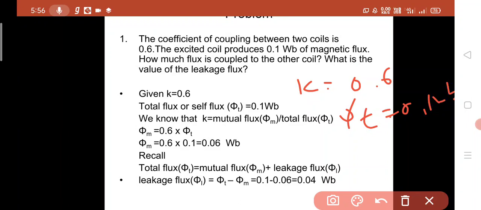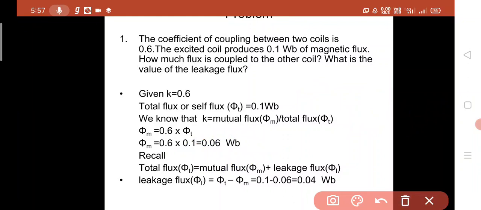Mutual flux φm is equal to 0.6 into φT, the coefficient of coupling into total flux, so 0.06 Weber.